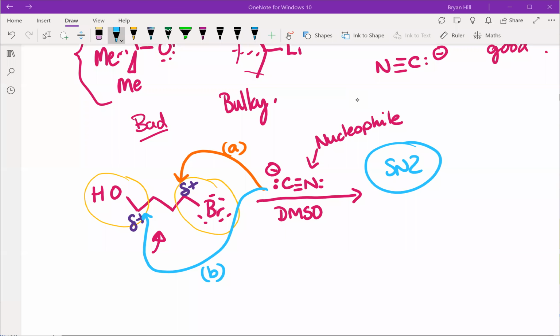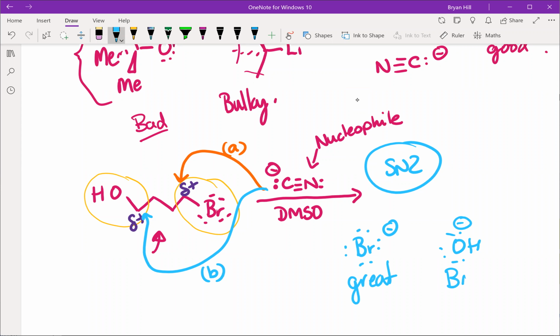It's A, because bromide is a far better leaving group than hydroxide, right? This is a great leaving group, and this one's a bad leaving group. Why? Remember, good leaving groups are weak conjugate bases, or the conjugate base of a strong acid.